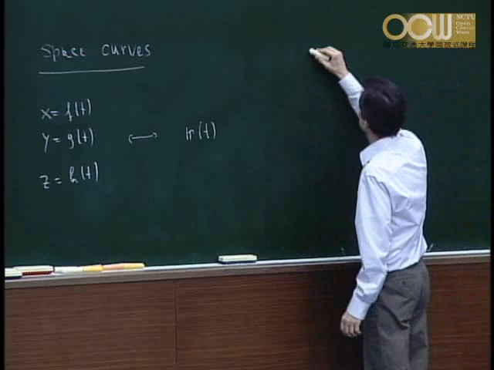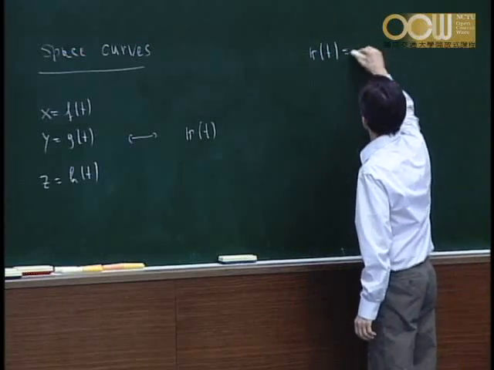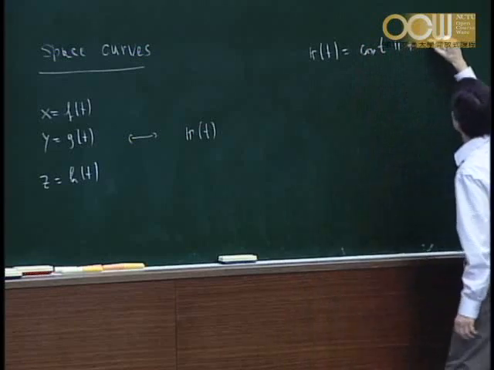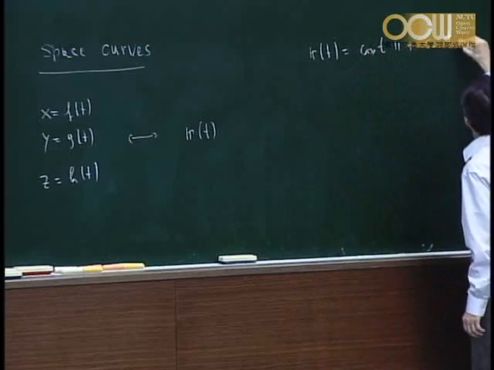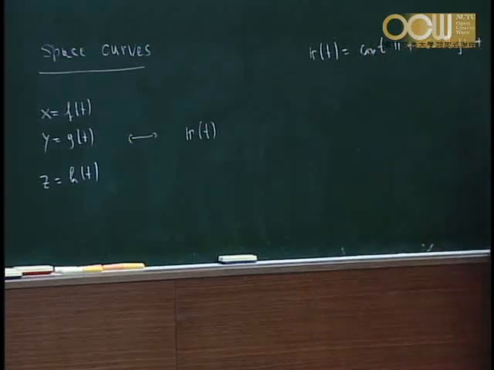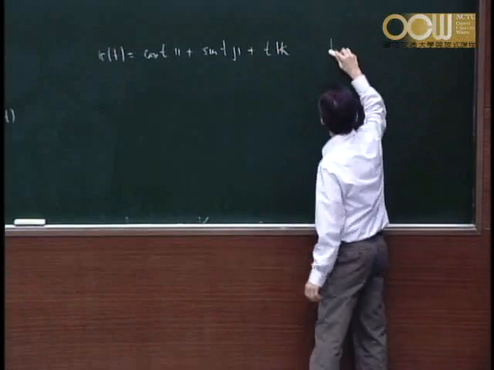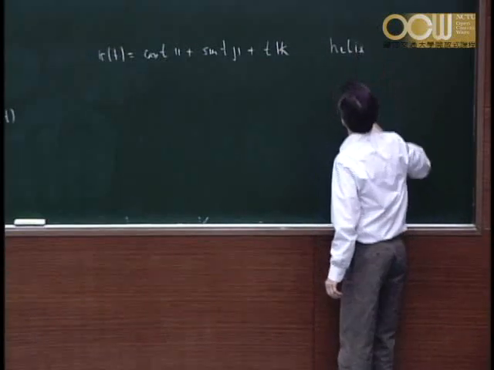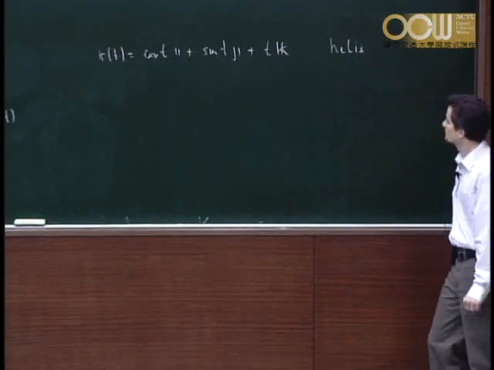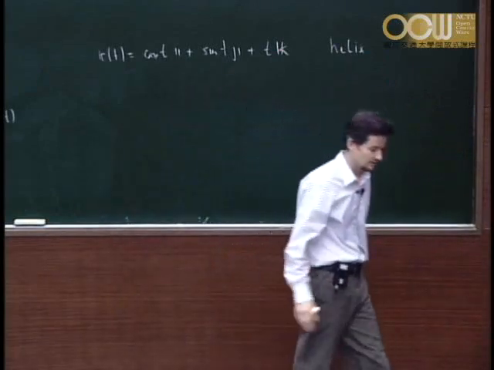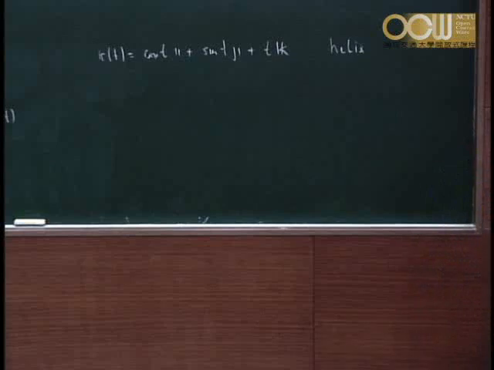The example which I showed you last time is this one: cosine t i plus sine t j plus t k. This is a so-called helix. And I already discussed how, if you have such a space curve given, to plot it.